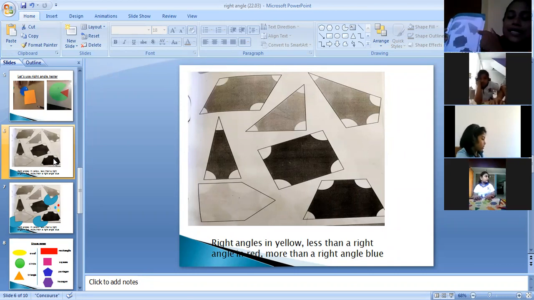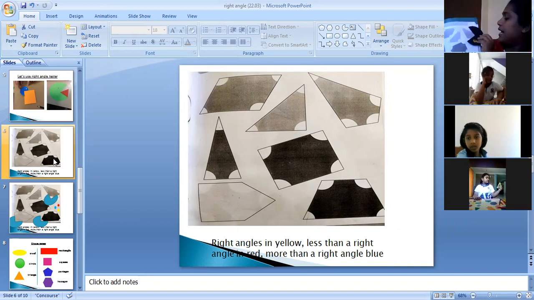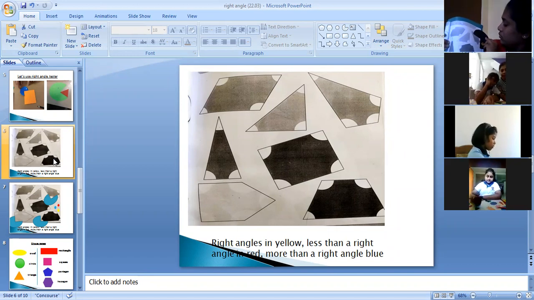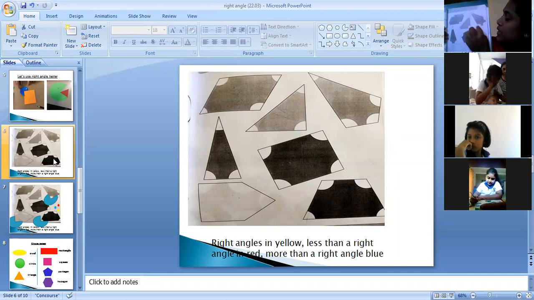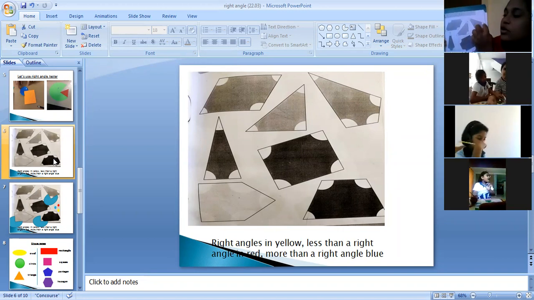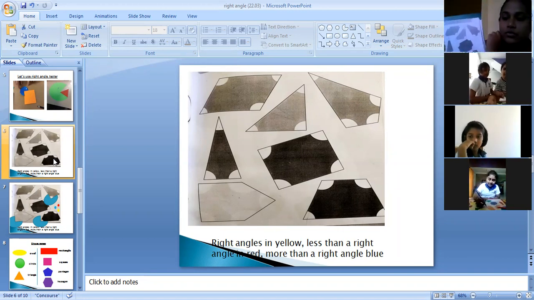So you should color that in blue. And the top here, this one, it is also more than 90, also more than a right angle. So here in this shape, you should color these three in blue and this in yellow.